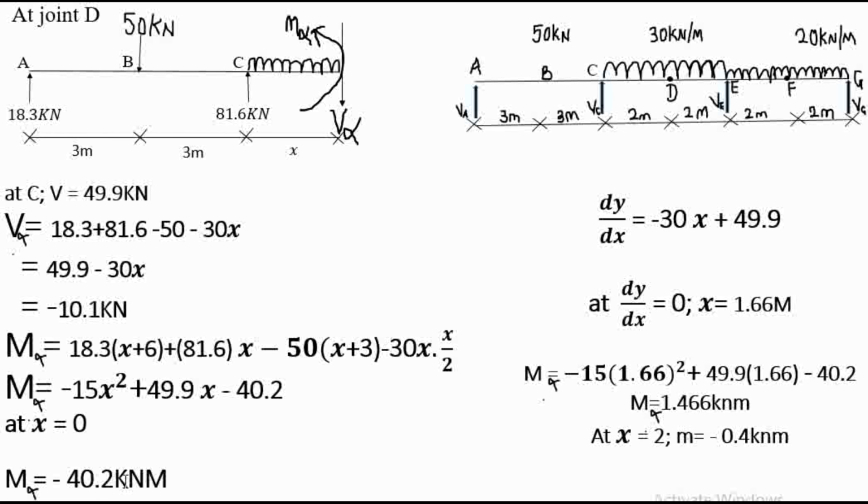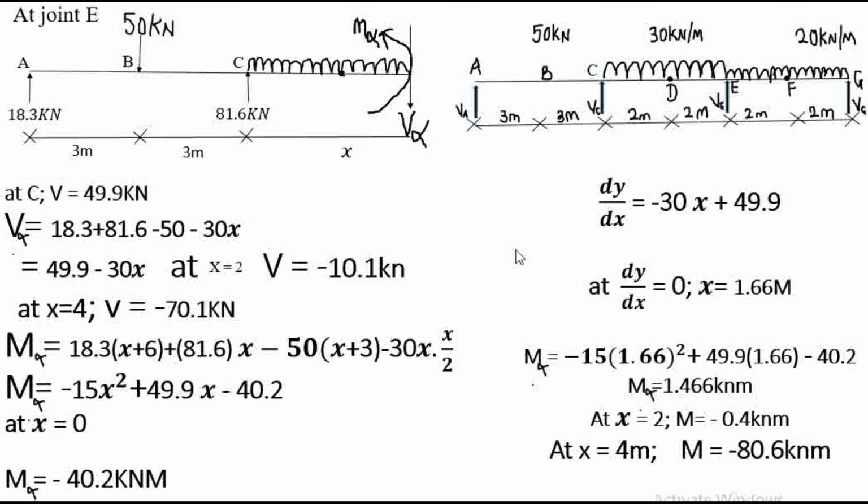That is 40.2 kilonewton. We are going to get the turning point, because we all know that when we have UDL, the bending moment diagram is expected to go like a curve. So at what point will the curve be maximum? Like we all know from the knowledge of differentiation that the turning point will be when dy/dx is equal to 0.